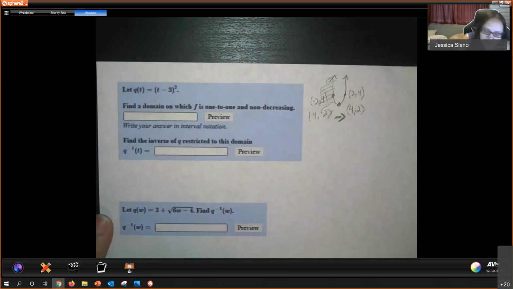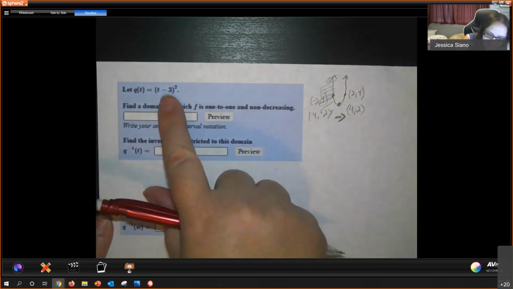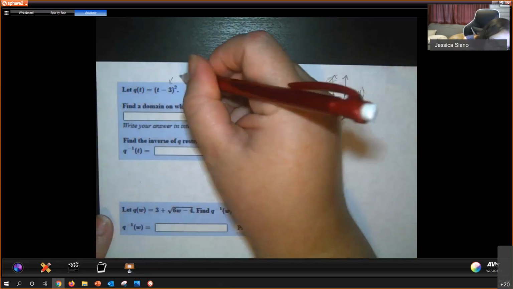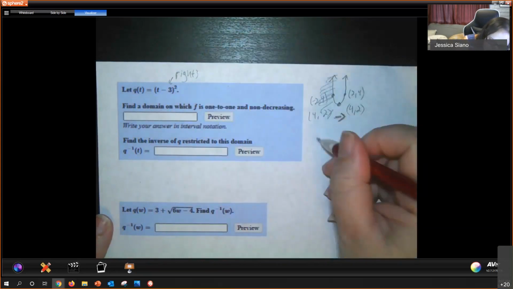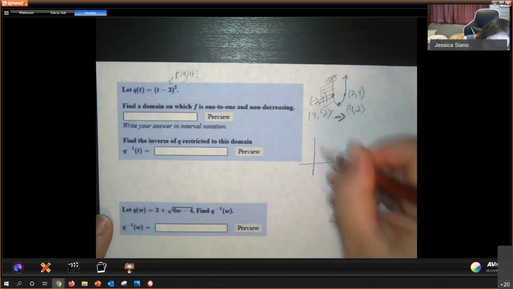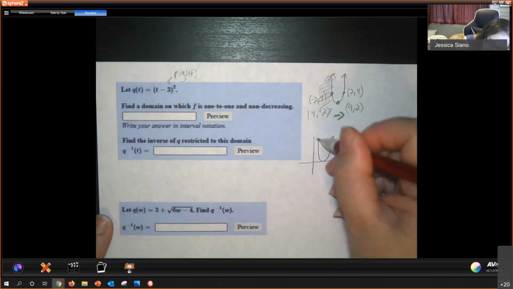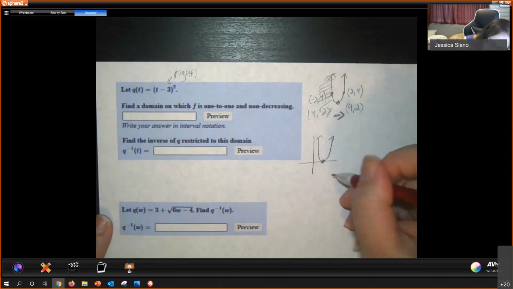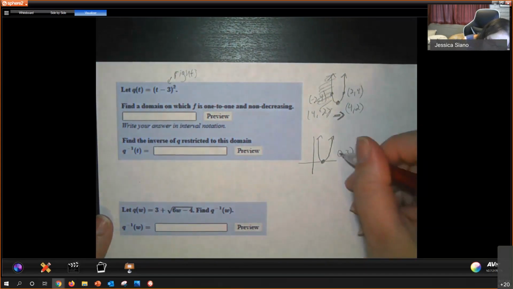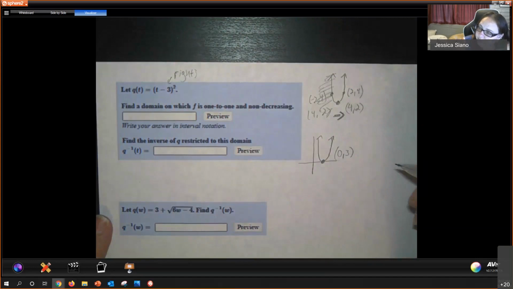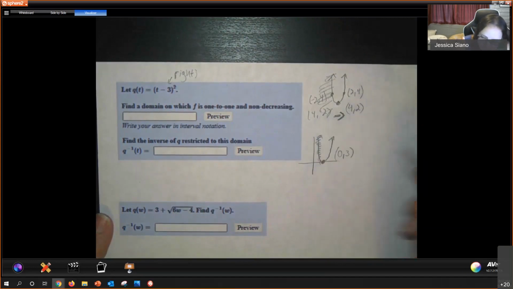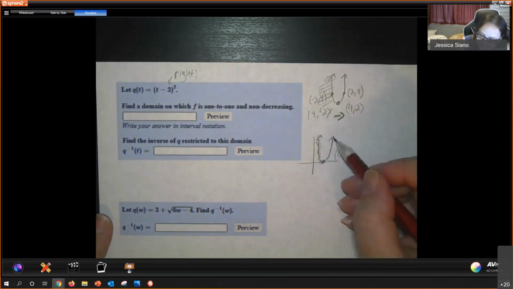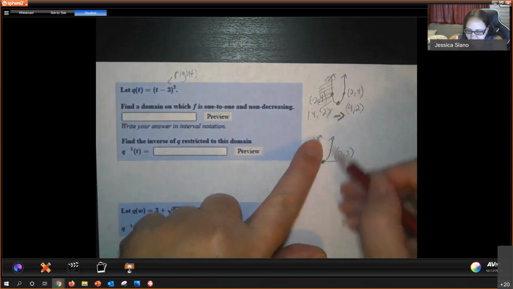So if we go back and think about our transformation rules, this would be a parabola that was shifted to the right 3. So its vertex would be here at 0, 3. So if I want to say, okay, I'm not going to use this half of the parabola, then the domain on which this function is one-to-one would be the domain of this half.